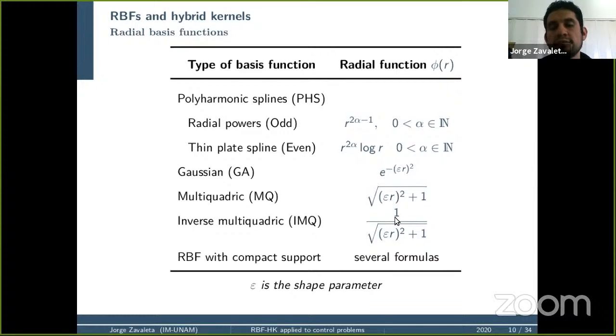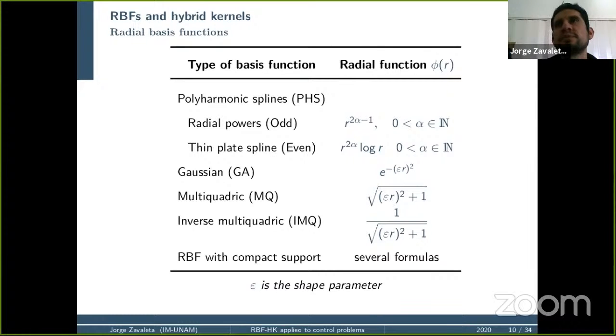These infinitely differentiable radial functions have an additional parameter that is called the shape parameter. And up to now, one of the challenges in the theory of radial basis functions is how to obtain a good shape parameter.